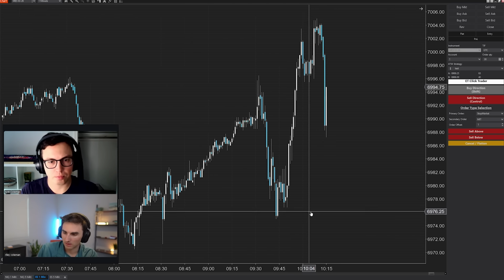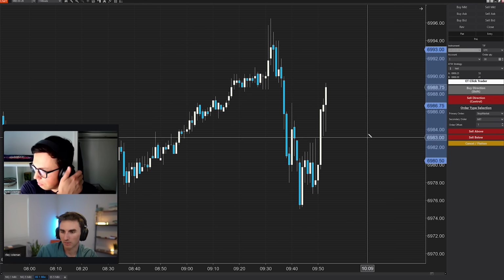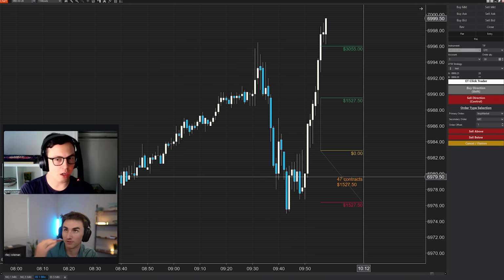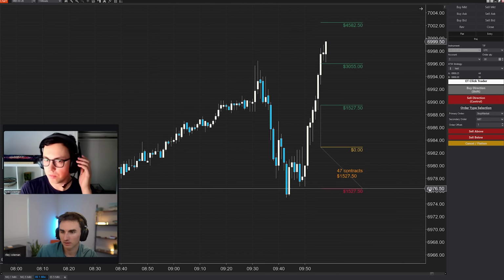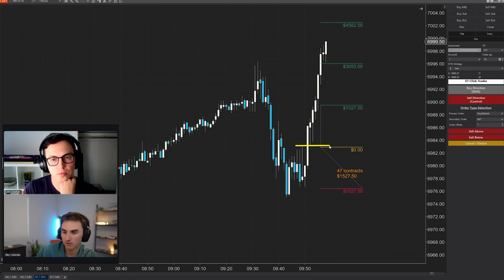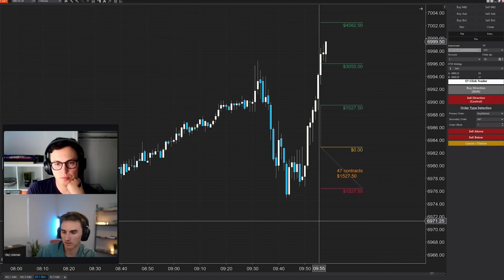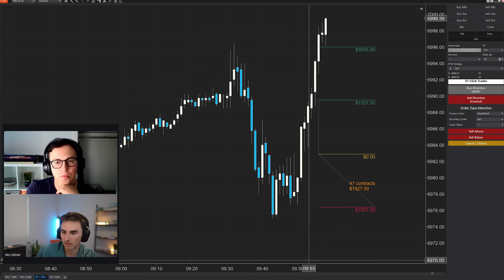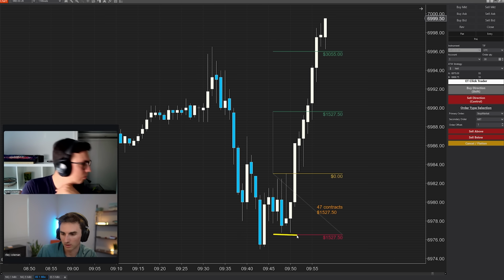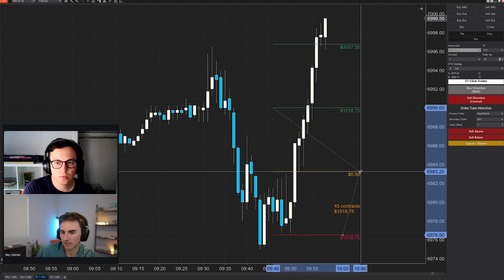One thing I want to bring back up about the drawing tool is what it visually does that can easily mess with your mind. Let's say for here, the signal to jump in on this trade was here and the stop would be here because that's where the swing was. So for this trade, I would draw my tool right here, 1 tick below here, and then I'd enter here, right?